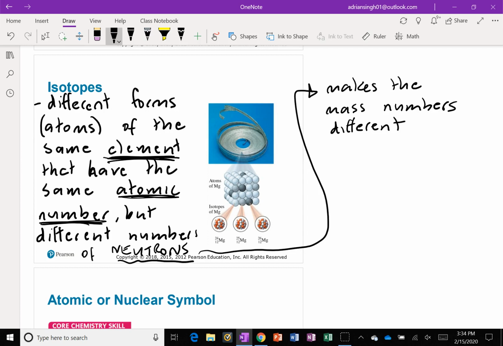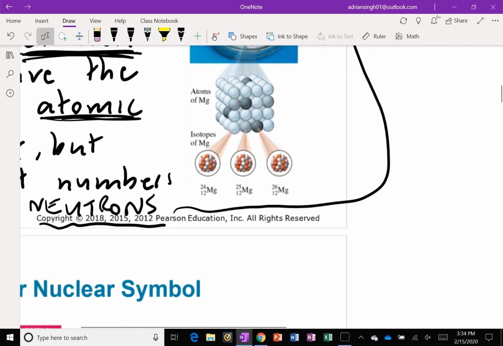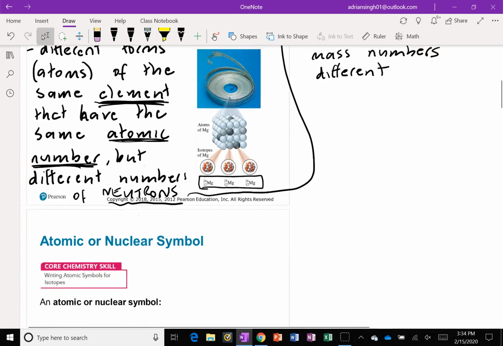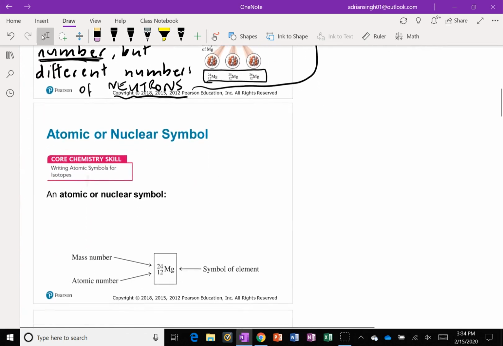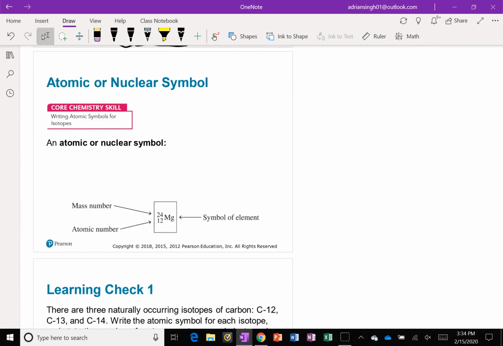And we have here an example of 3 of the isotopes of magnesium represented here. And the way that we represent isotopes is by using a particular notation called the atomic or the nuclear symbol. So when we write an atomic or nuclear symbol, it's always going to follow the following format. It's going to look generally like this.